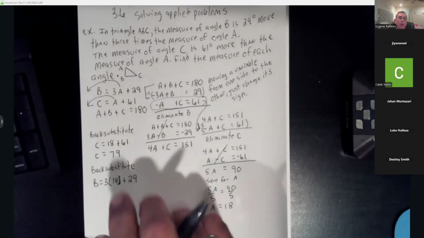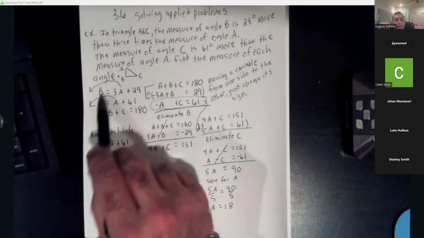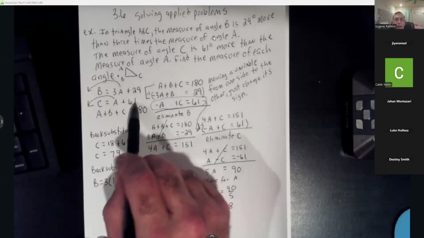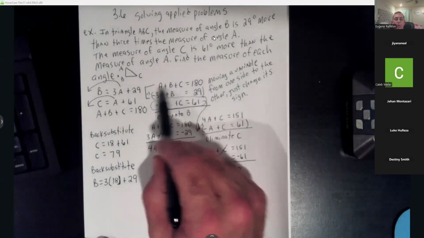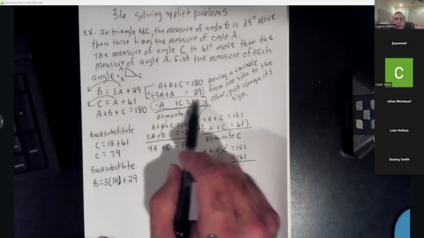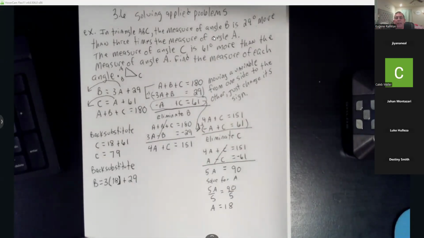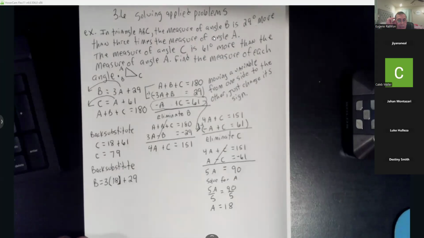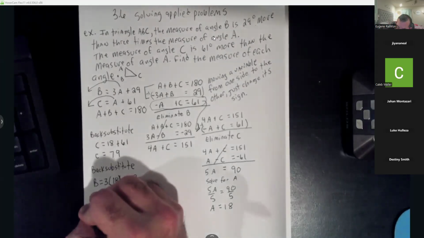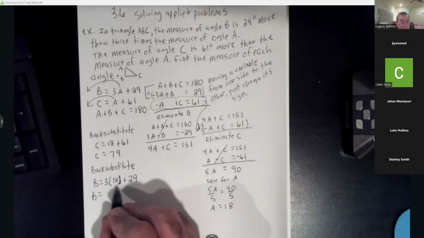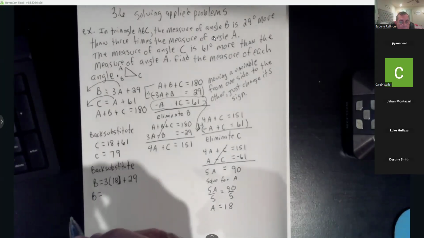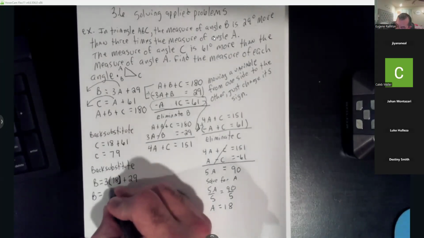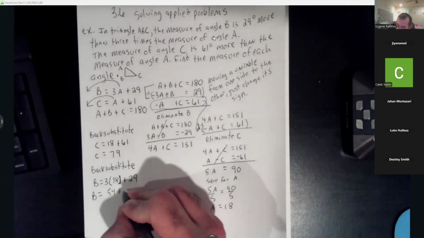So when you're substituting back, you could use any of these three original equations, or you could have used any of the three that we solved. It don't matter as long as it's one of these equations, okay? All right, so 3 times 18, y'all, is 54 plus 29.